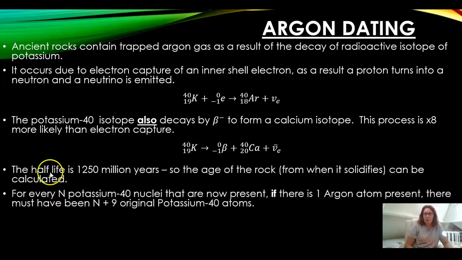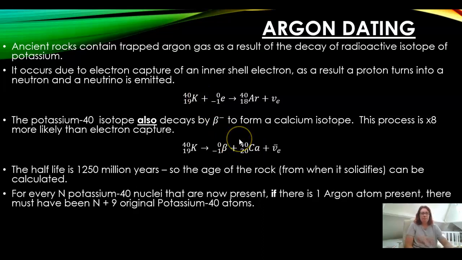Now, this is what I've just talked about: for every potassium 40 nuclei present, if there is 1 argon atom, there must have been 9 original potassium 40 atoms. So what that's saying is if you go and dig up a rock and you find 1 argon present, there must have been originally 9 potassiums, because 8 of them would have been turned into calcium.